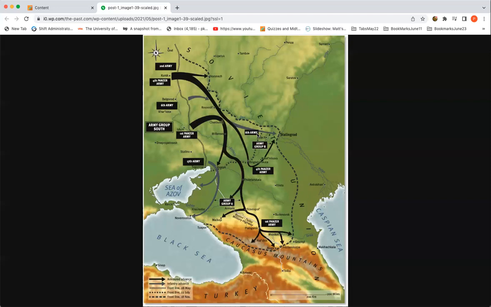Hitler shoots himself in the foot. He takes the tanks away temporarily from the Stalingrad thrust and sends them south, where they cross the path of the Sixth Army heading towards Stalingrad. And it just was a mess.